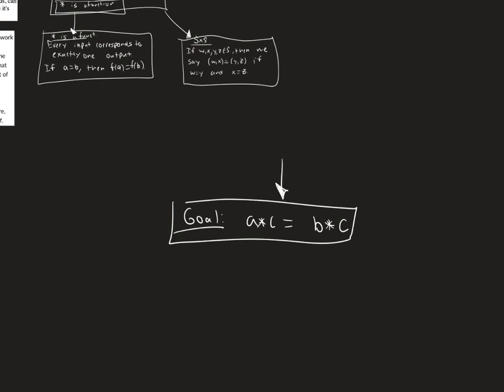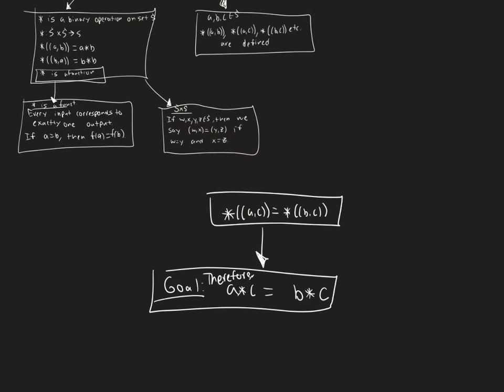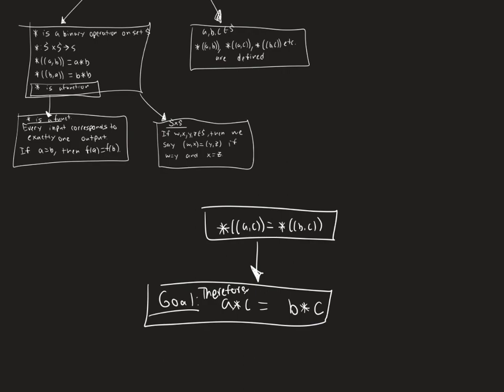Let's back up. Therefore, A star C equals B star C. Well, how could we get that? That's just the definition: star AC equals star BC. That's literally the same thing using our definition up here, or using this box up here.